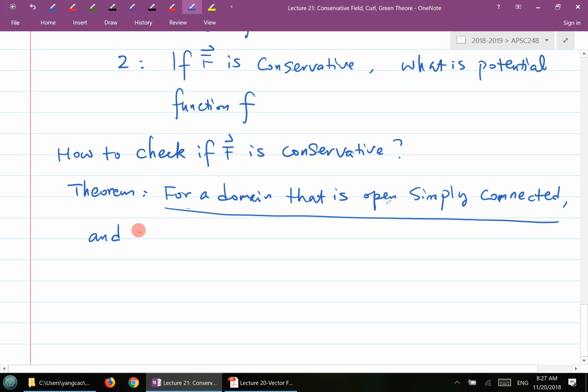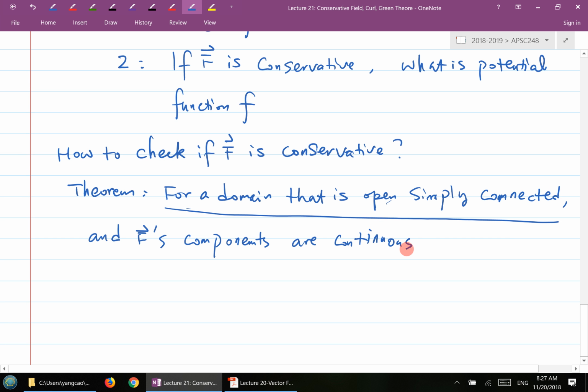And this vector field F, their components, it has either 2 components or 3 components, depending on the dimensions. Their components are continuous. This is also a very important concept.